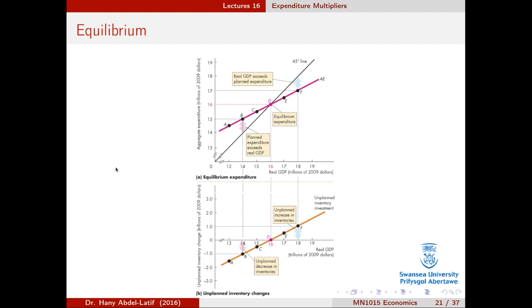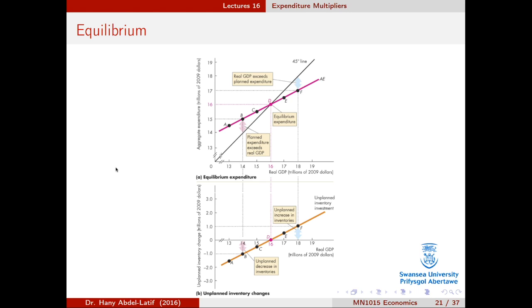But what about the black line, the 45 degrees line? Remember, I said this line is very important. This line tells us where the real GDP equals the aggregate planned expenditure. Remember, the real GDP is always going to equal the actual aggregate expenditure.